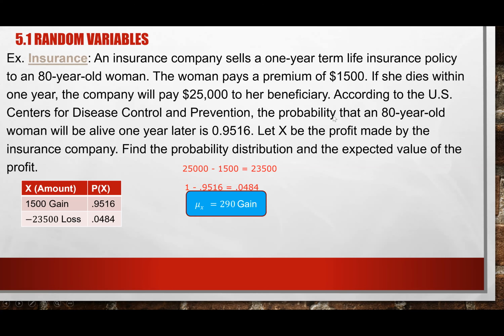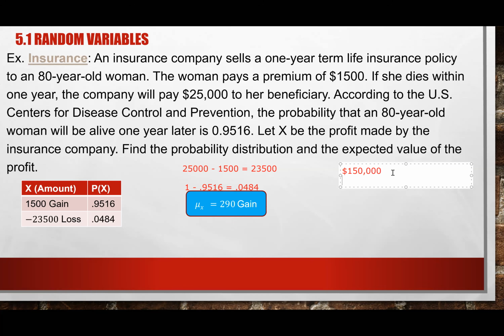So if we have 100 women, the company will make that much in premiums. If we sell 100 policies to 80 years old women, the company will make $150,000.